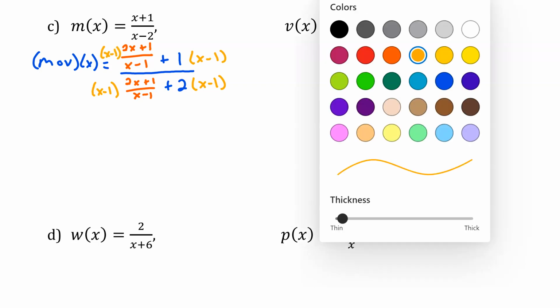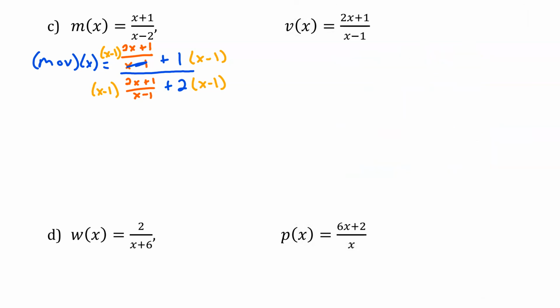When I do so, this is going to cancel this out. It's going to divide out these denominators, but it's going to leave this 1 times x minus 1 and 2 times x minus 1 over here. So I'm going to have a 2x plus 1 plus this 1 times an x minus 1.